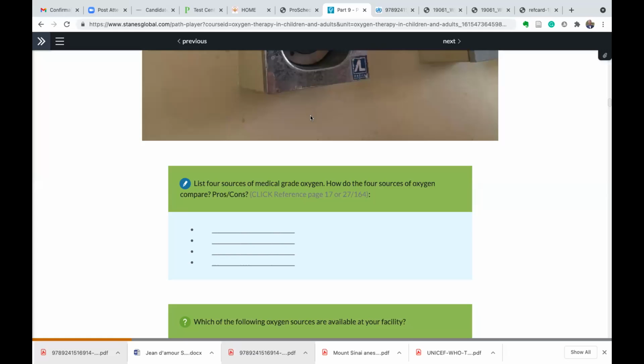The nasal cannula, mask with reservoir. Very good. What I see is that we have nasal cannula and mask with reservoir, and probably simple mask as well. Okay, very good.